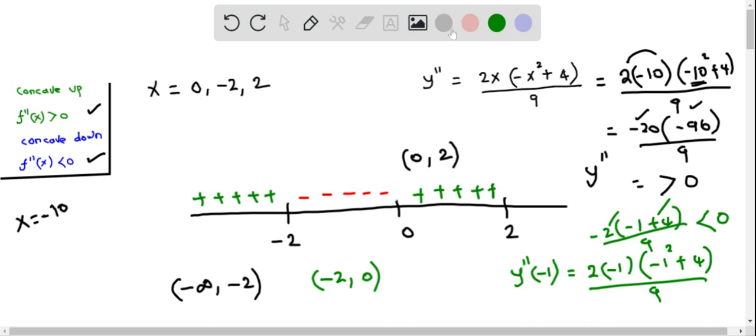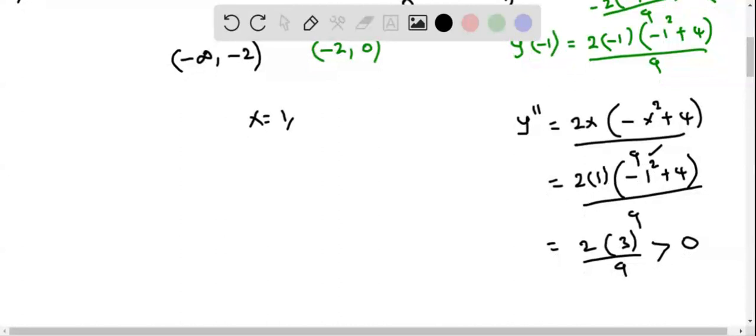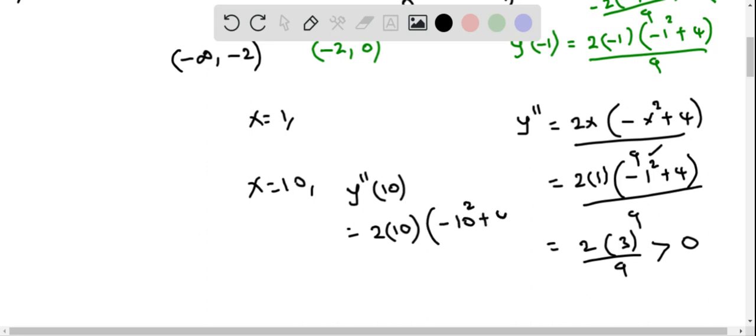Now let's consider the last interval, that is 2 to infinity, and we consider any sample point. I'm going to consider x equal to 10 and plug it into the second derivative. So y double prime of 10 equals 2 times 10 multiplied by negative of 10 squared plus 4, and this is over 9.